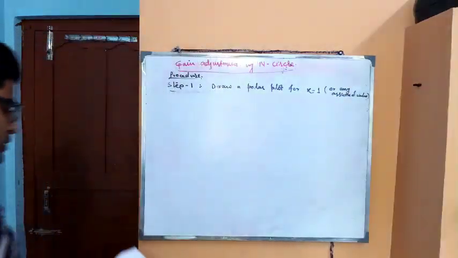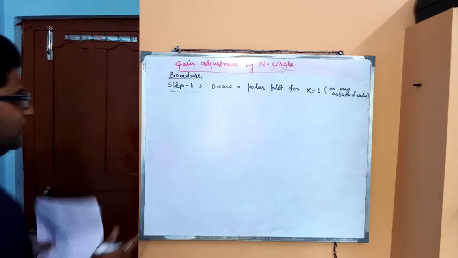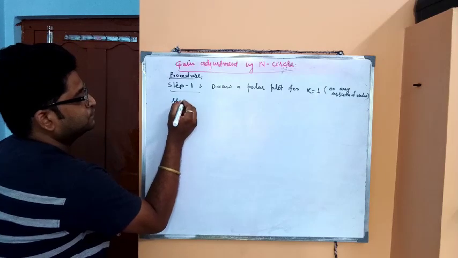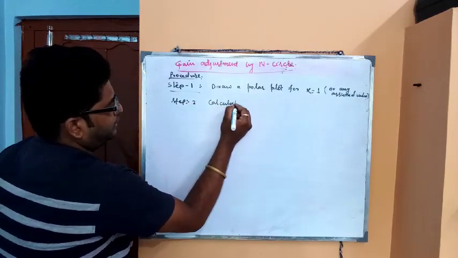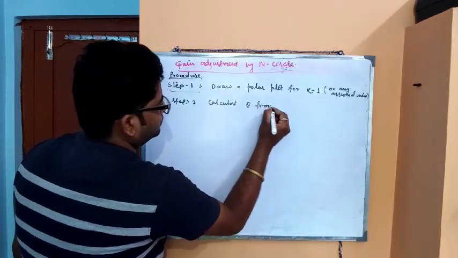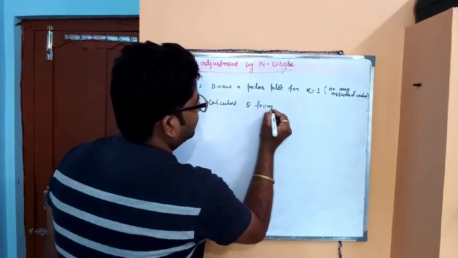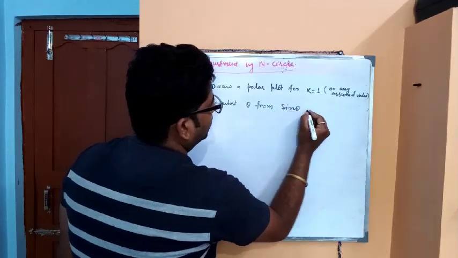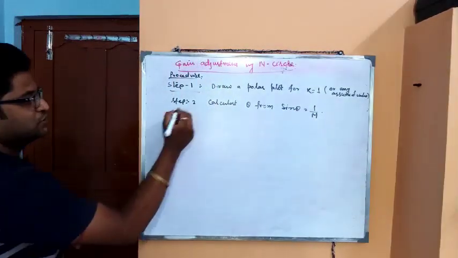Then step 2: calculate theta from sin theta is equal to 1 by M. This is the second step.